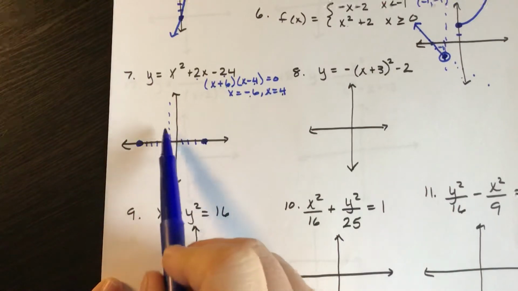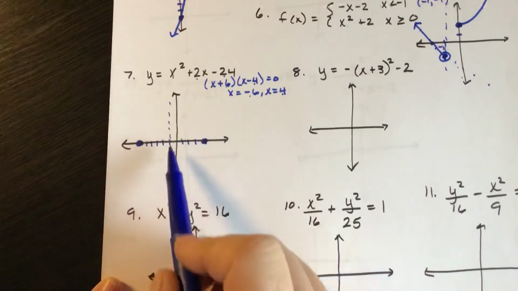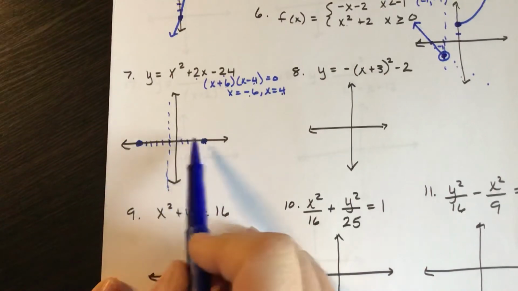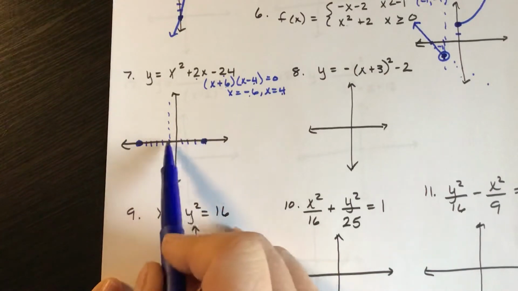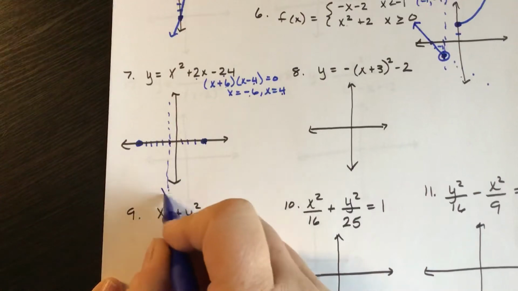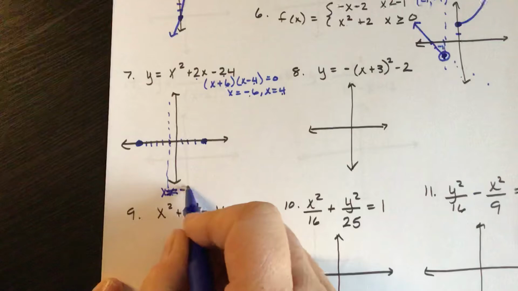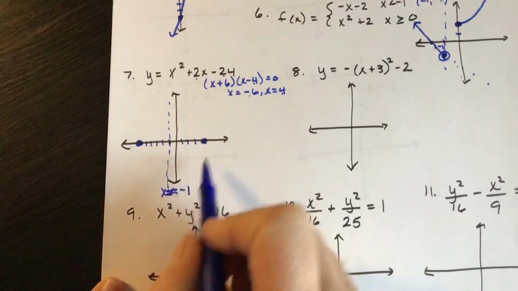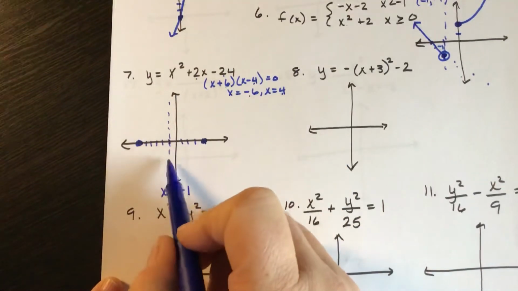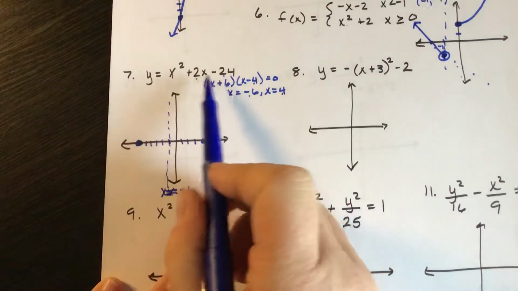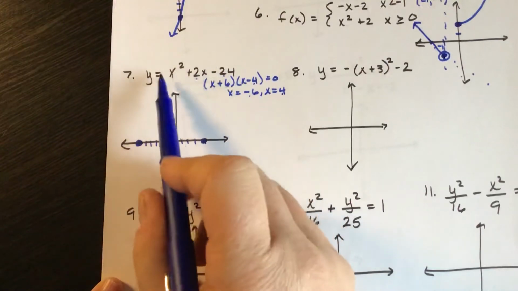I do know that I have a line of symmetry that is half the distance between these two, so that would be at -1 is my line of symmetry. Whoops, x equals -1.